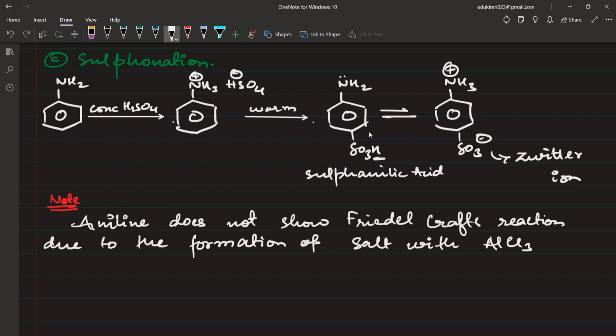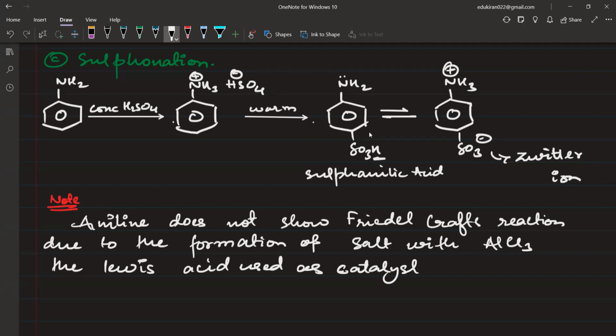है ना? तो AlCl3 कहाँ से आया? AlCl3 is the Lewis acid that is used as catalyst. Salt with AlCl3, the Lewis acid used as catalyst. Due to this, nitrogen of aniline gets positive charge.